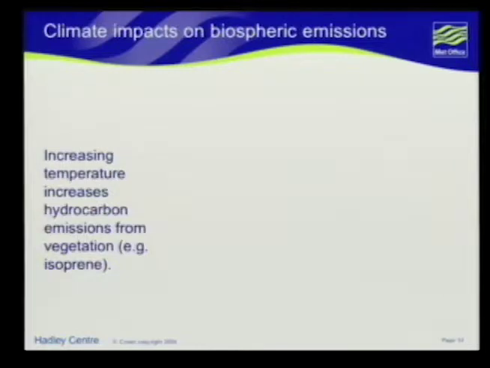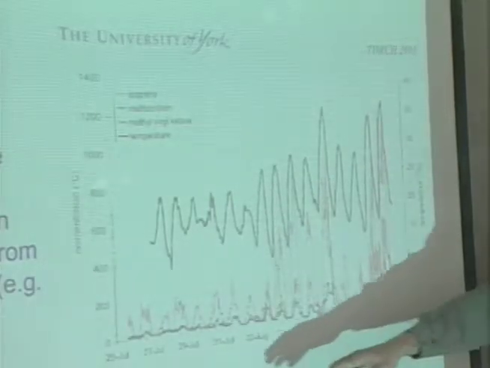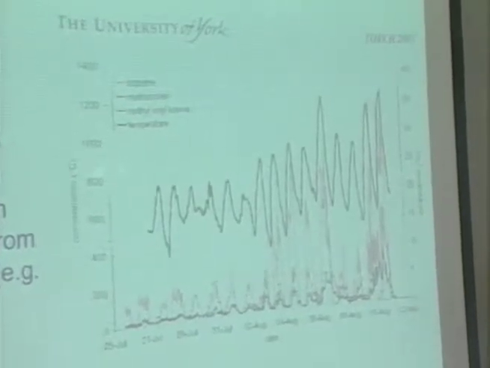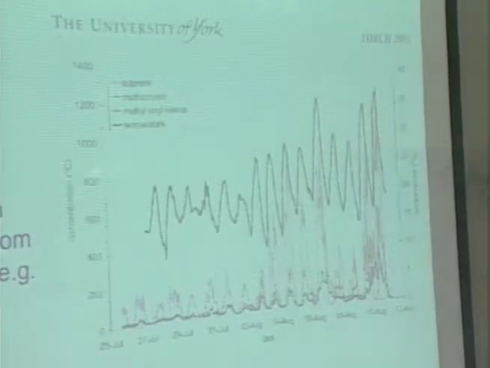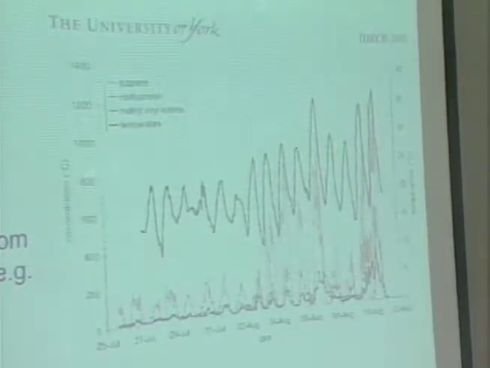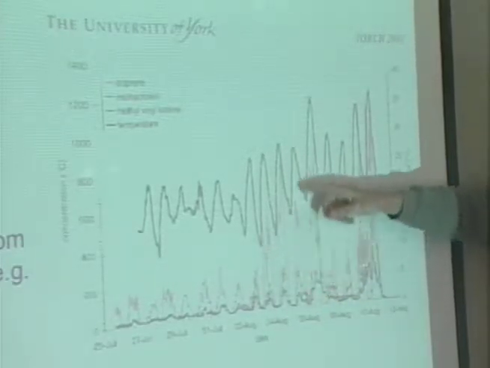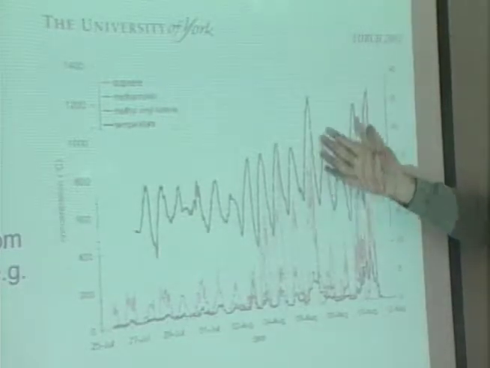Yes, and this is the curve here, which shows the temperature, for the 25th of July to 12th of August, so that's a rather short period, and there's been a period of high temperature here in the UK, and then the pink curve here shows the emission of isoprene, and that really responds to temperature.